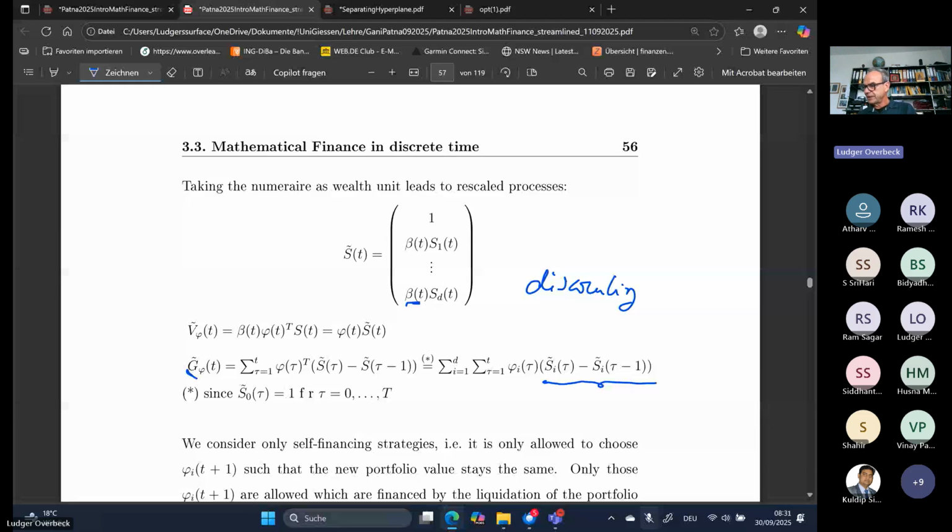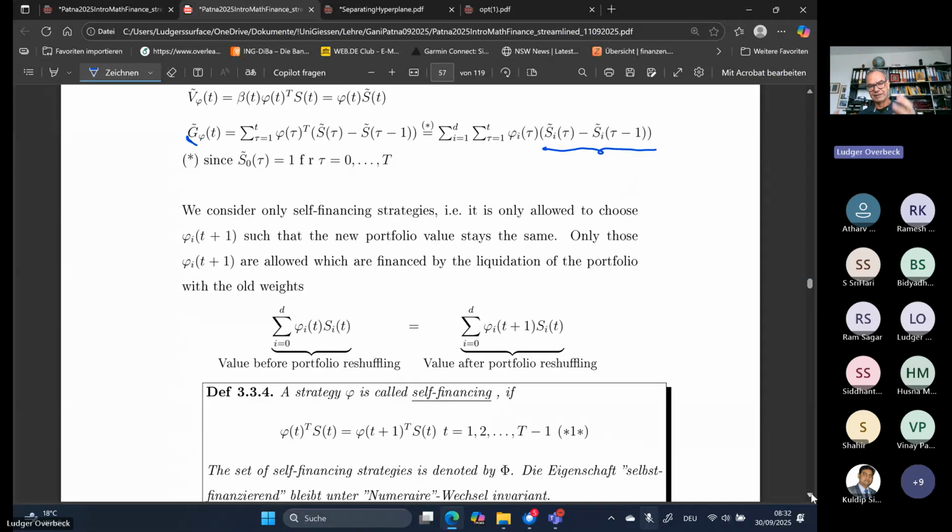So the next definition is more important. That's the self-financing, and that's natural. That's the thinking. Okay, you make one investment at time 1, or t equals 1, which means at time 0 you have decided an investment.